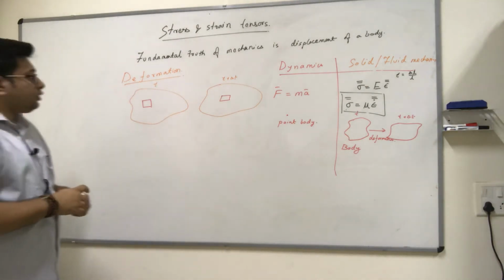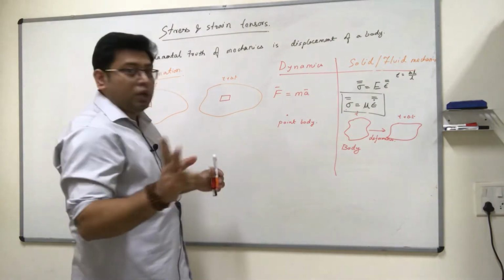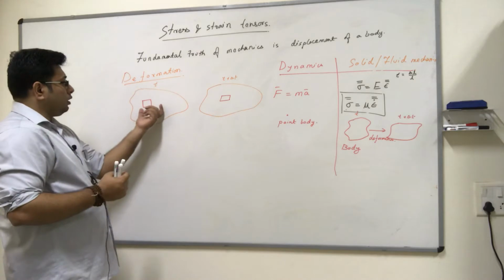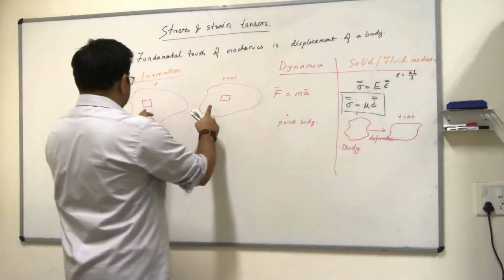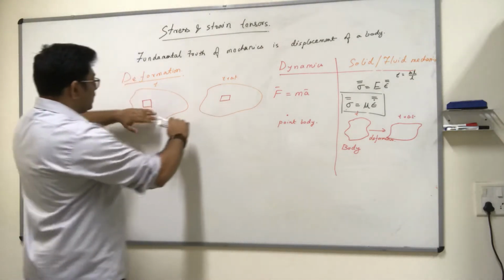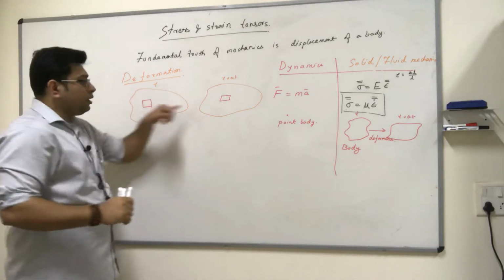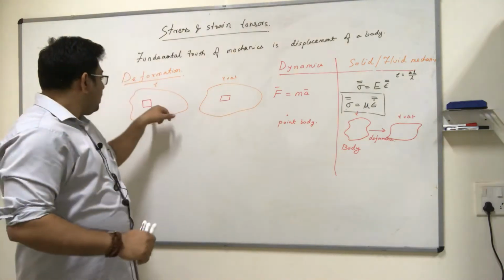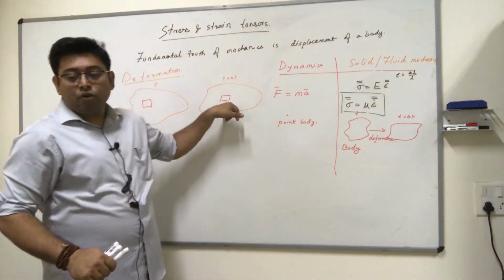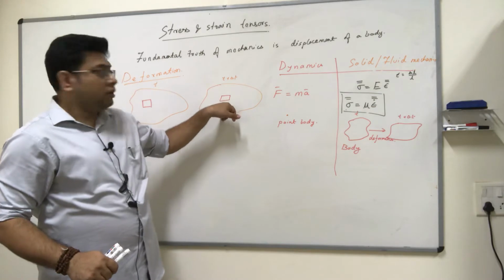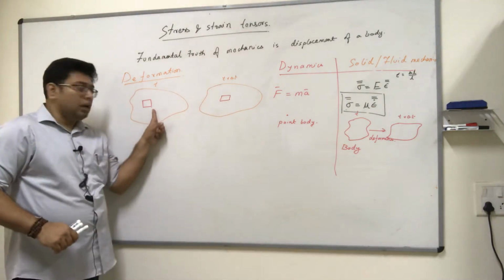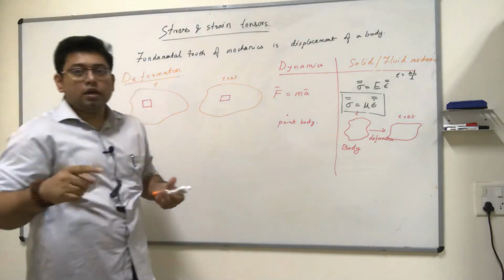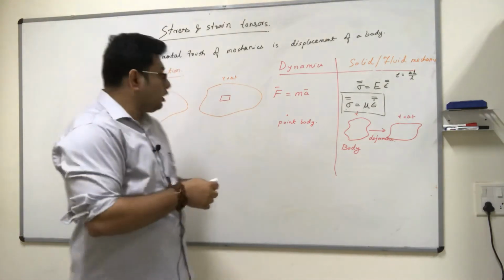Now if I were to ask you to keep two constraints, one of which is that the deformation should occur such that the deformed material is still in the plane of paper. So if you are talking about 2D deformations, this deformation and this deformation have to be in the same plane of paper, and however you deform, you cannot lead to a lack of continuity of the material.